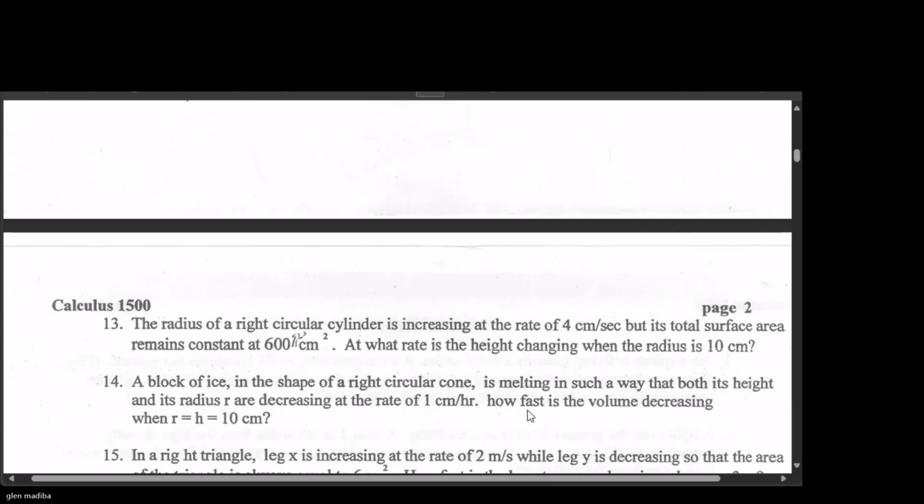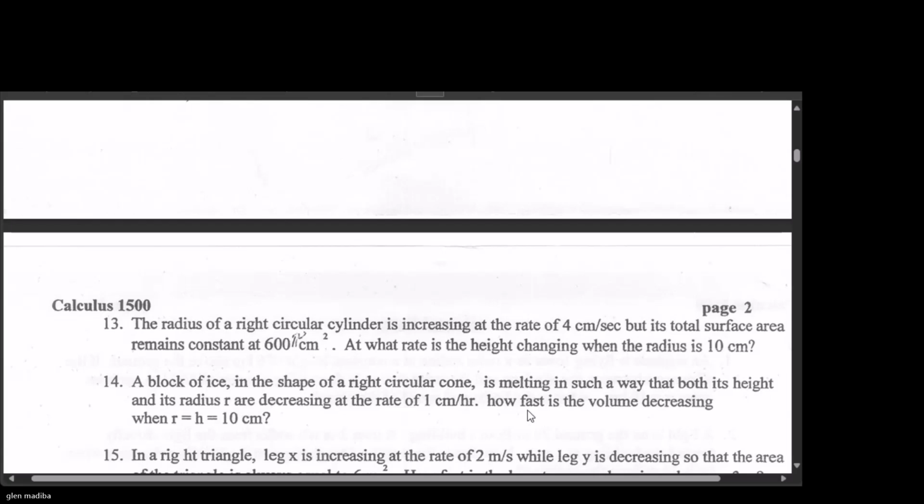And then I had dV over dt equals pi r squared dr over dt. Then I substituted my value and got dV over dt equals pi 10 squared dr over dt.